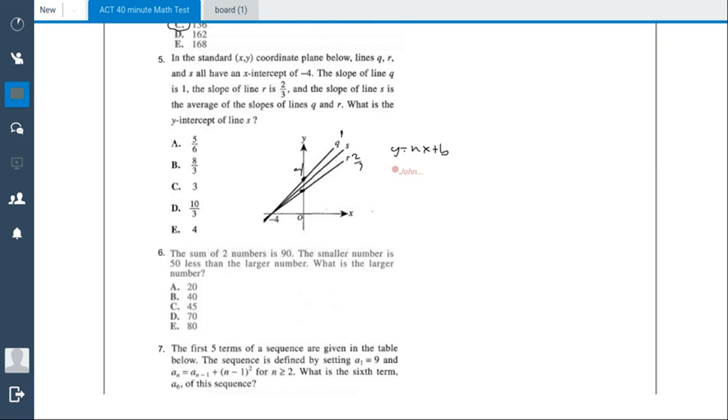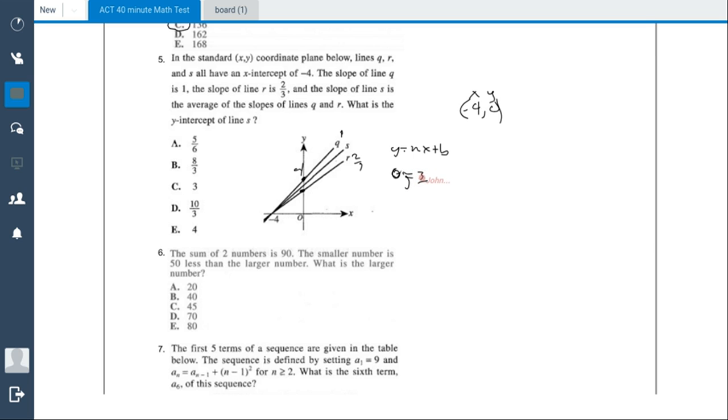So when I do that, y is equal to 0, so I'm using that point. This is my x and this is my y. Y is equal to 0.